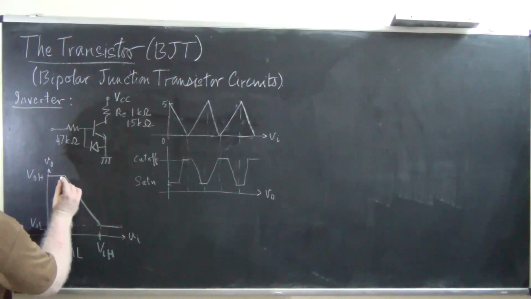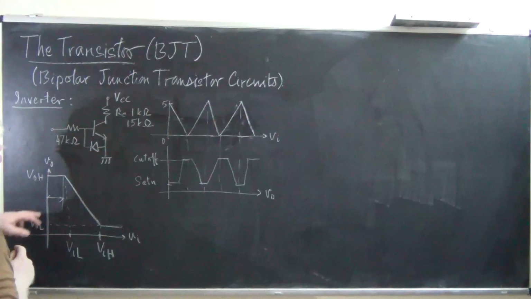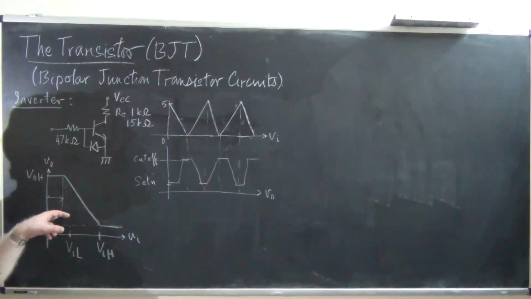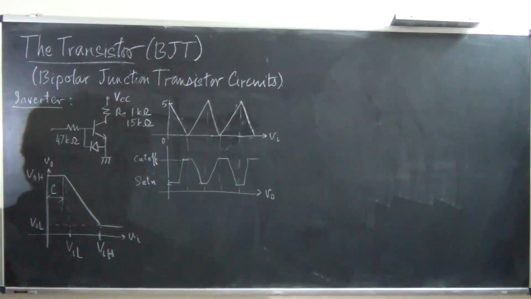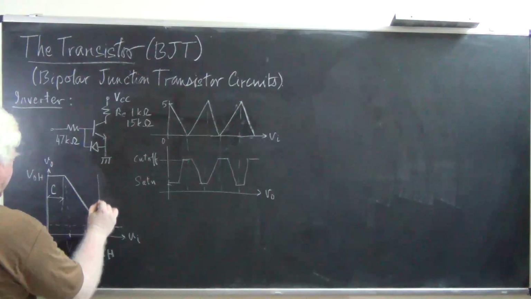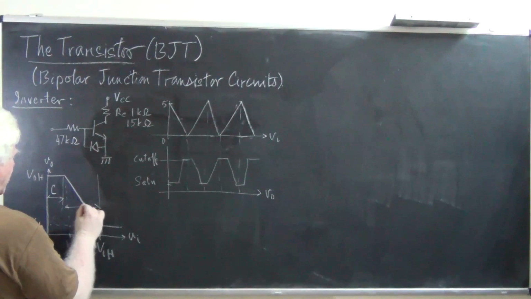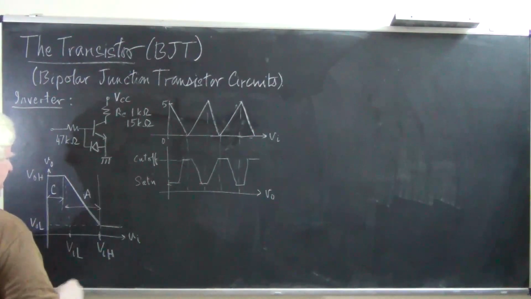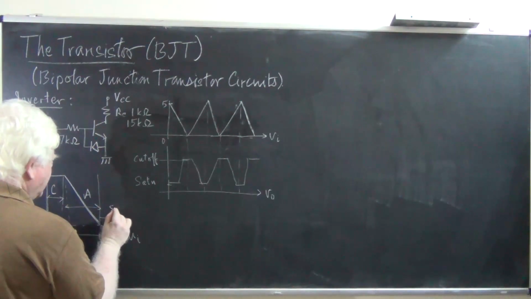This is the region where your output voltage is very high, which corresponds to the cutoff region. This region from here to here corresponds to the active region, and this part corresponds to the saturation region.